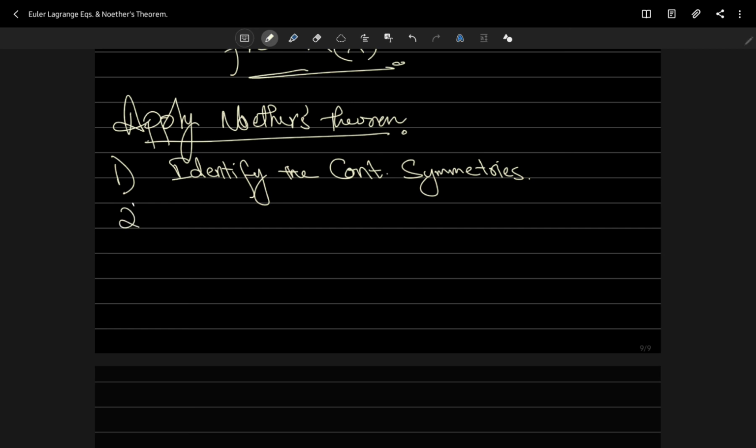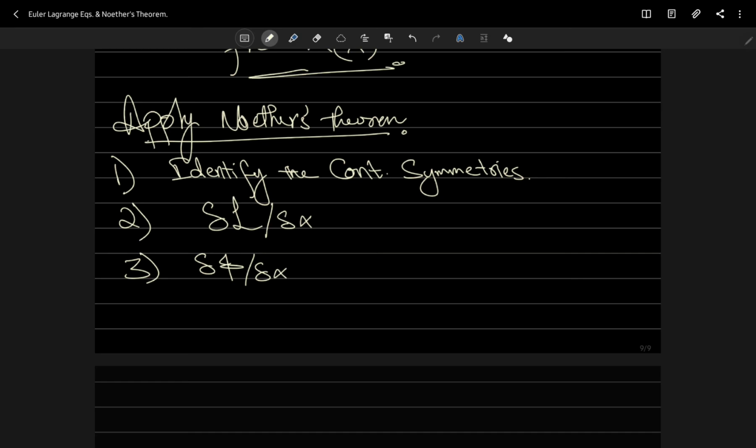The next step is simply to calculate the change in Lagrangian density. So that was delta L, right? And once we are done, we calculate the change in each of the fields. That was delta phi. Of course, this changes with respect to that parameter alpha.